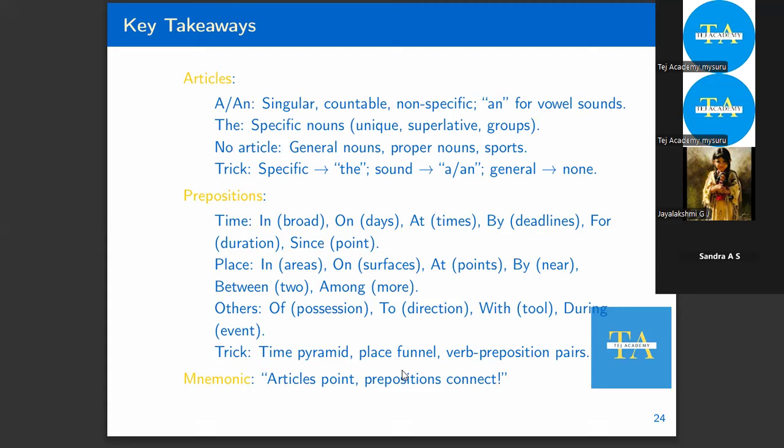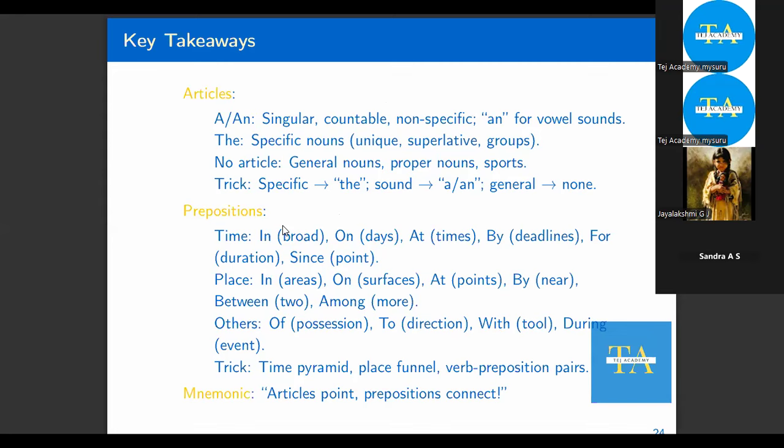"A" and "an" are for singular, countable and non-specific nouns, and for vowel sounds, not letters. "The" is for specific nouns, unique things, and superlatives. Superlative speaks about the quality of something, like best or extraordinary, like most beautiful.